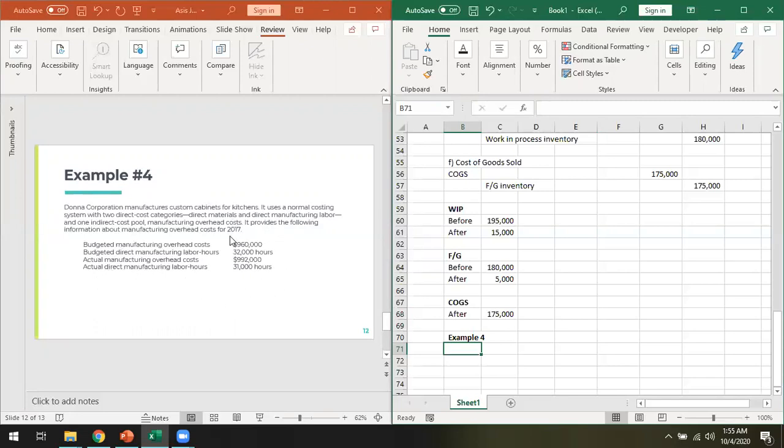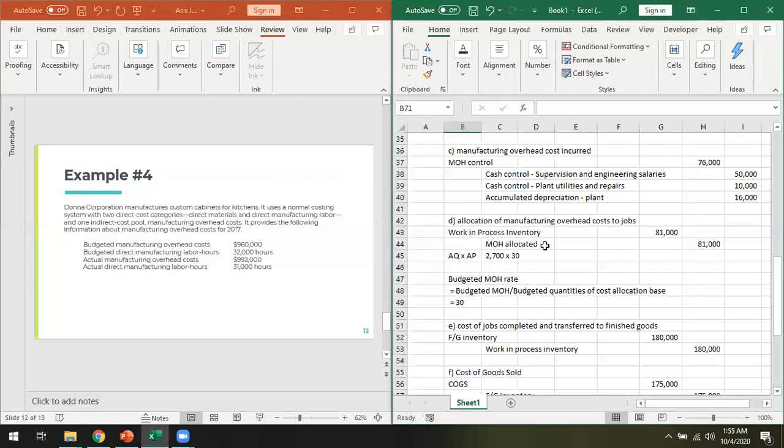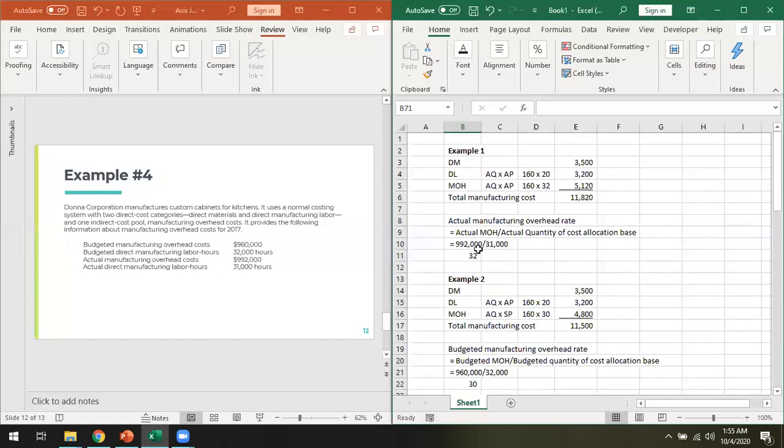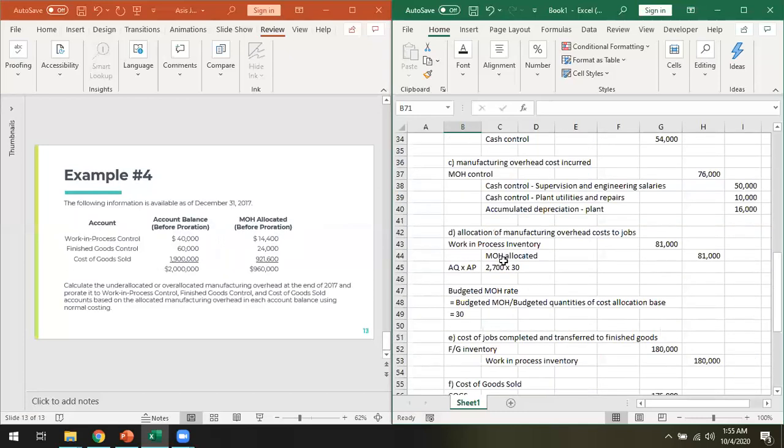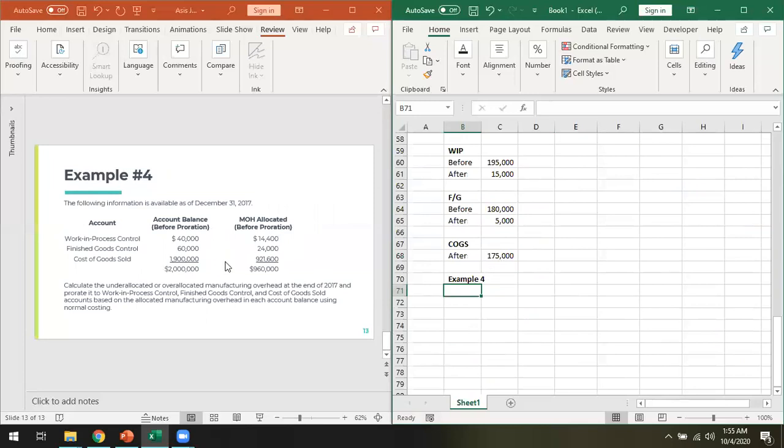From this figure, we can already compute the budgeted manufacturing overhead rate and also the actual manufacturing overhead rate. And then we have additional information as of December 31st, 2017.